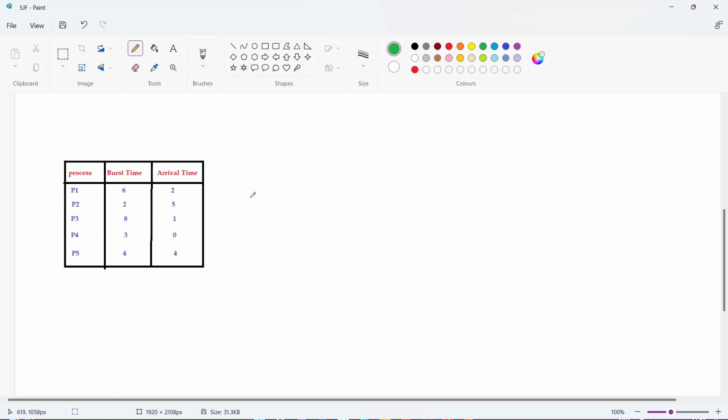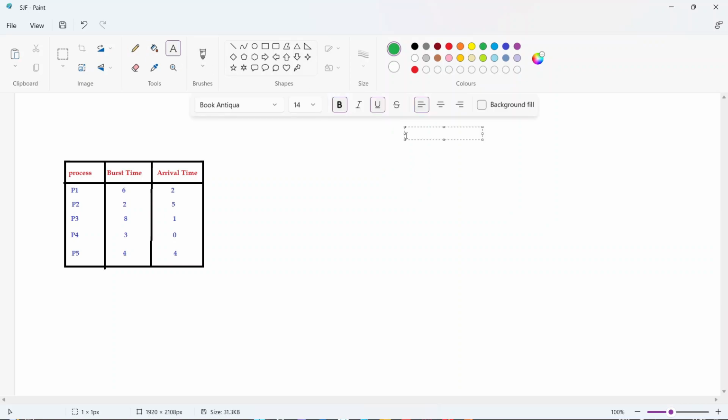Okay, so for this also we need to have a ready queue, and also we need to draw the Gantt chart. Let us find out the average waiting time and average turnaround time. Okay, so just write down ready queue, and then let us have the Gantt chart. So these two let us try to finish first.